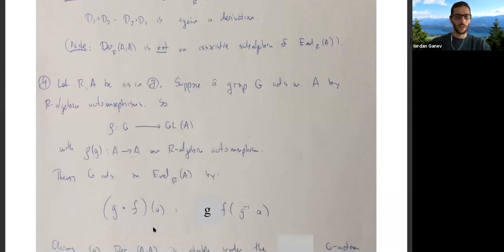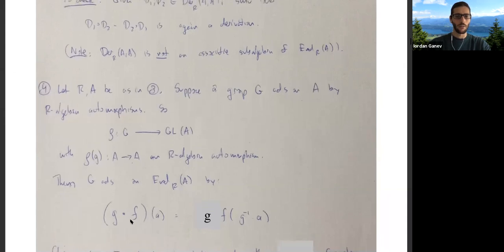This is a standard thing. If we want to know what G does to an endomorphism F, we first precompose by the action of G inverse, and then we act with little g on the image. So if we have an element A, then what we do is we do G inverse of A. Really what I mean by G inverse of A is rho of G inverse.